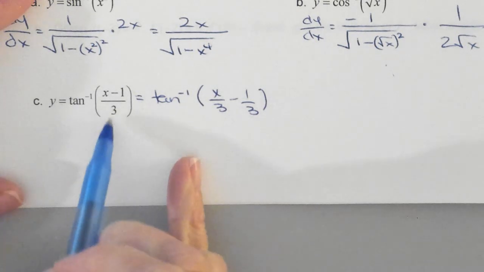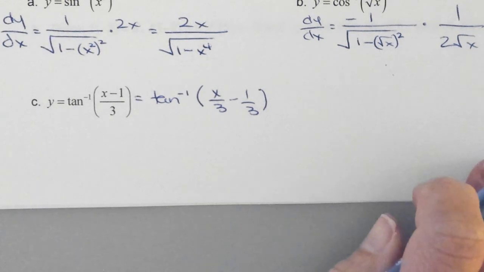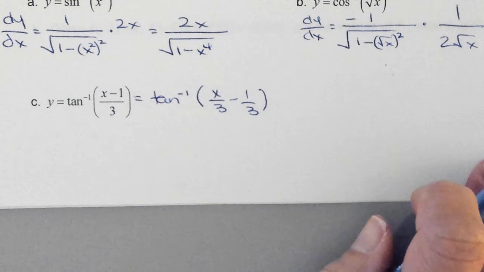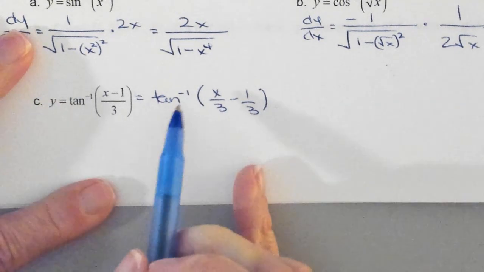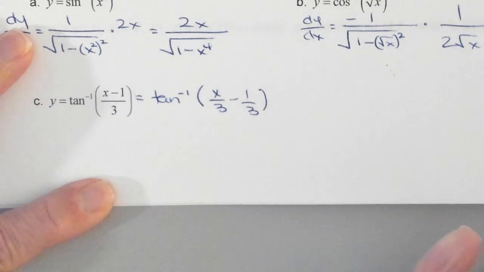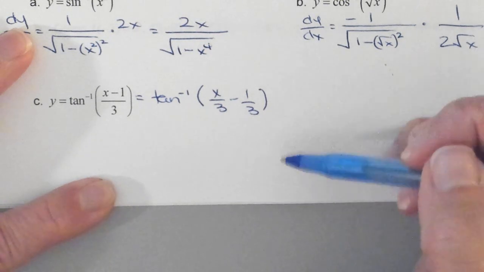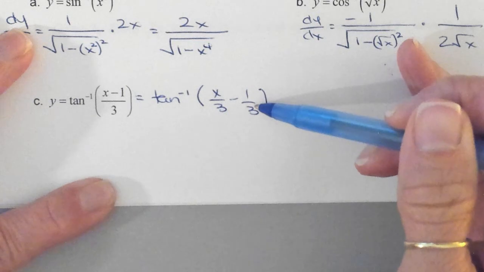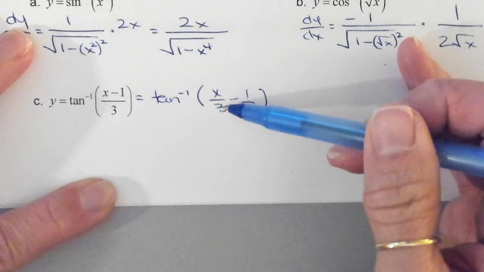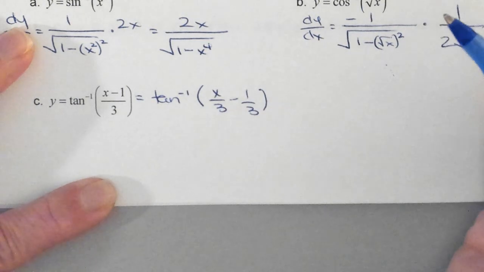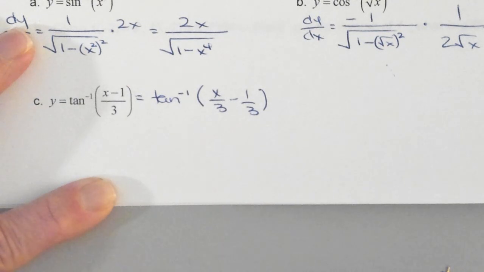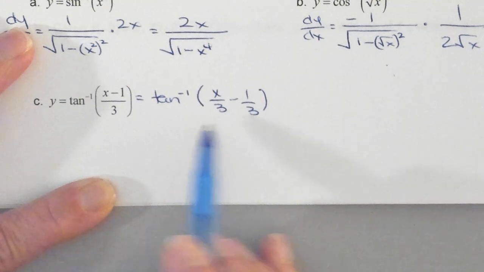The reason why I did that is because we will have to use the chain rule here, and when I take the derivative of 1/3, what's the derivative going to be? 0. Does everyone see what I'm talking about? It's just going to be easier to see that that goes away, and then what's the derivative of this going to be? Yeah, it's just 1/3, because it's x times 1/3 or 1/3 x. Does that make sense?